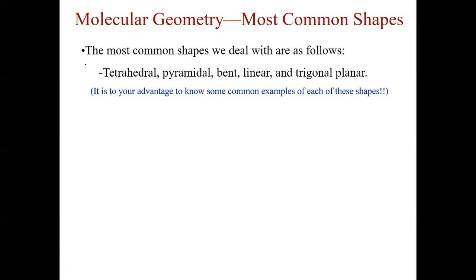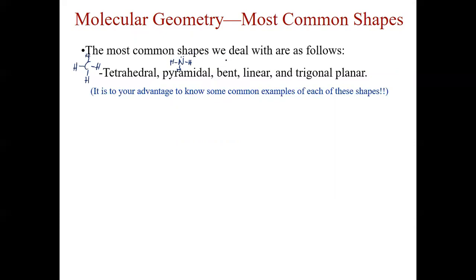Tetrahedral, you have your methane, CH4, is a tetrahedral example. For trigonal pyramidal, your ammonia, your NH3, is an example of trigonal pyramidal.